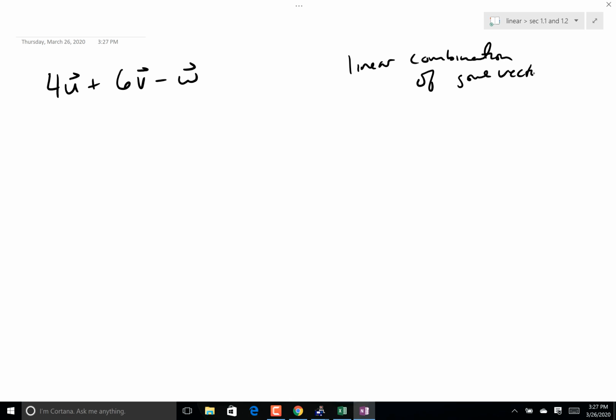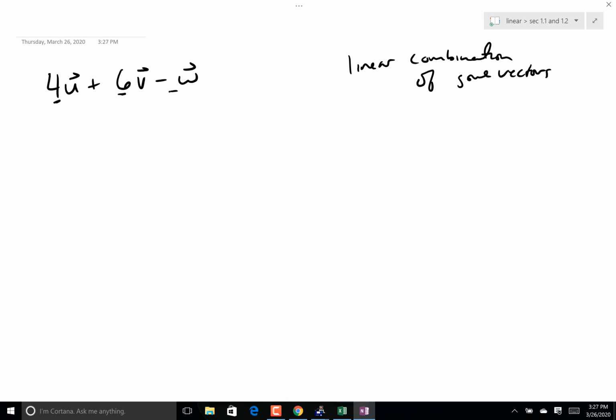The book will use this terminology a little bit. And they will call this a linear combination of some vectors. What do I mean by that? It means you're multiplying by constants and then you're adding or subtracting.